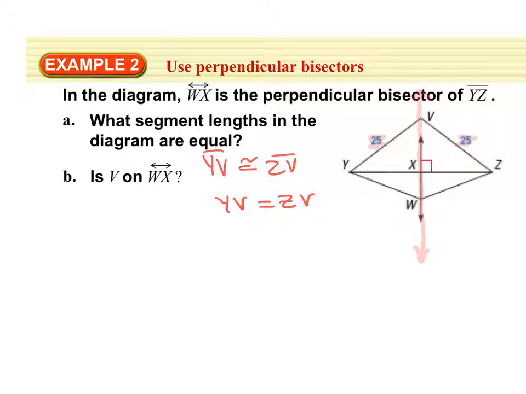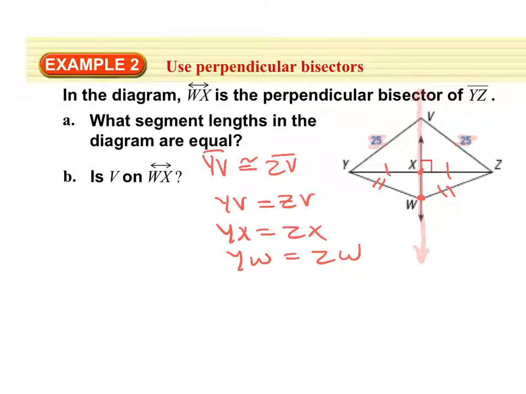We can also tell that because X is on the perpendicular bisector, it's equidistant from the ends of the segment, so we could say that YX is equal to ZX. We can also see that point W is on that perpendicular bisector, so we could say that YW is equal to ZW. Those would be the segments that are equal in the diagram.